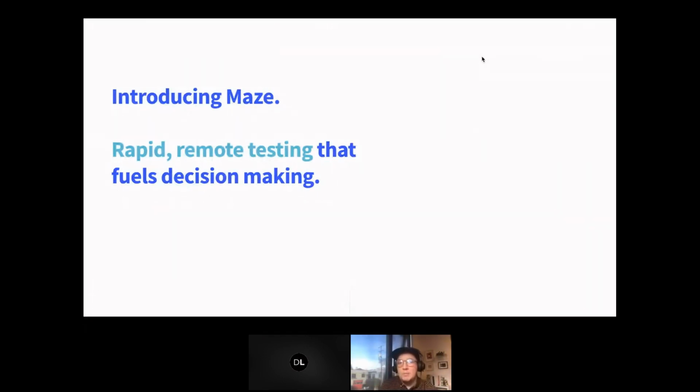So it's no longer just about being able to conduct rapid research, but being able to do so often in such an iterative process that we're able to rely on our decision making. We know that our decisions are coming from a data informed and a user informed place.